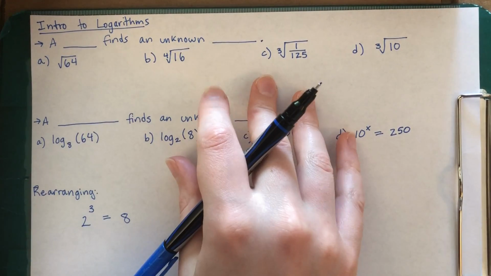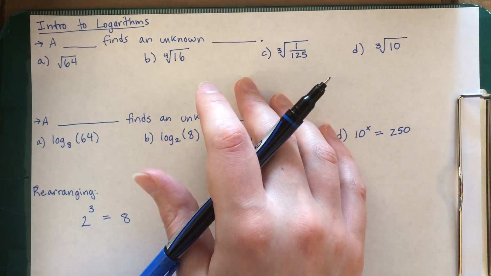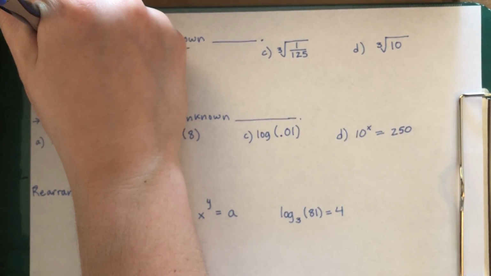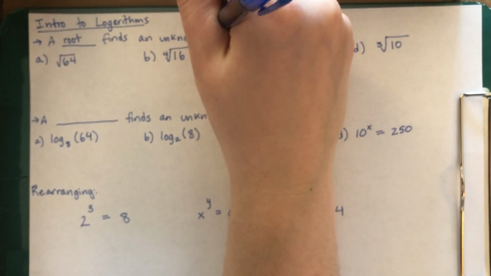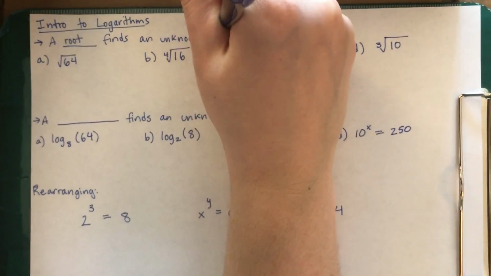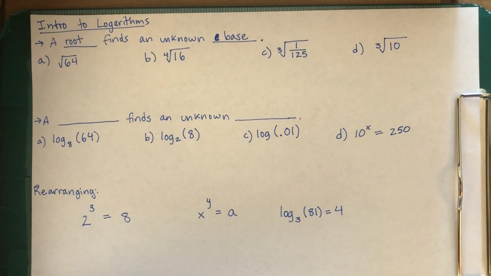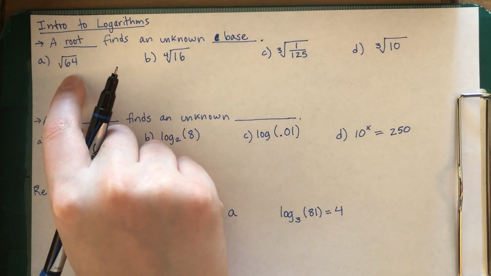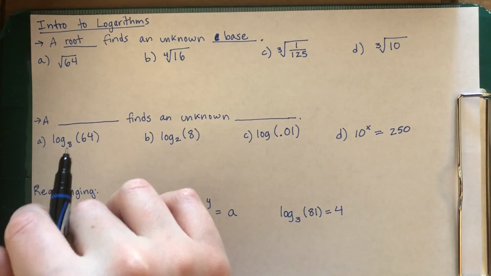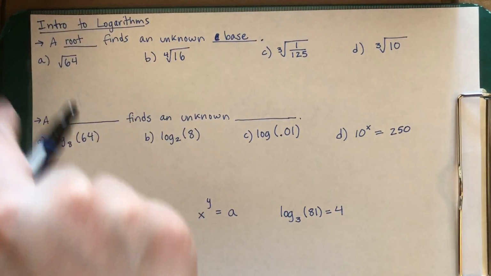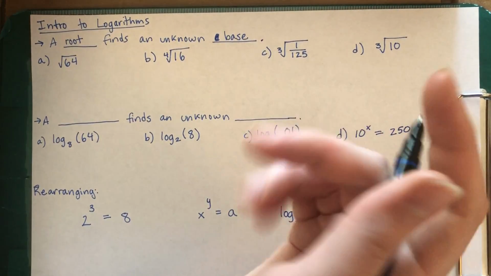So we're going to start with something that you are more familiar with, which is a root. What a root does is it finds an unknown base. Let's see what that means. The square root of 64 is asking the question, we'll just use x for the unknown answer, what number times itself gives me 64?